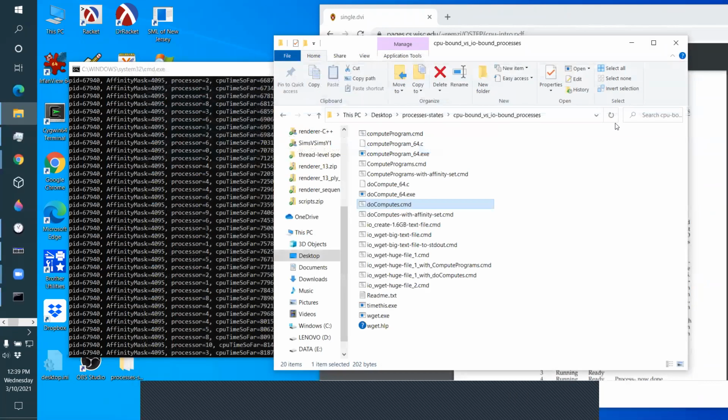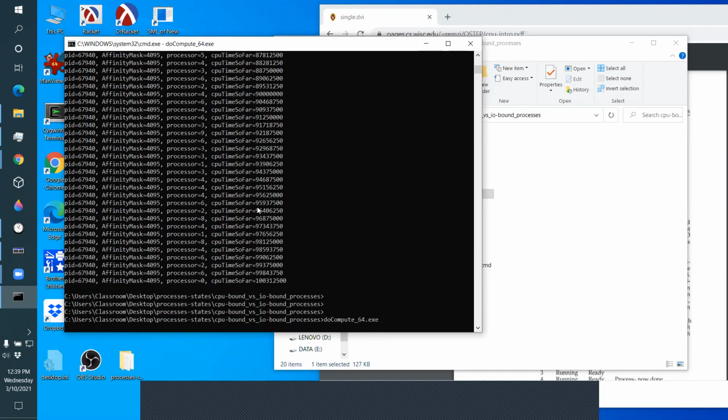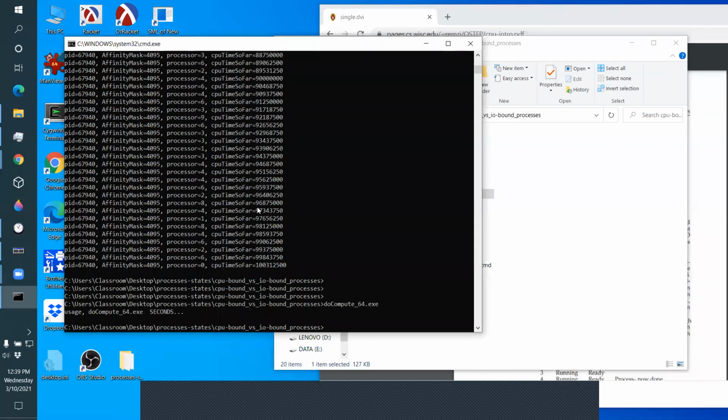So if I run do computes, it also wants a command line argument. It wants to know how many. So like a 4 to 5 second job.